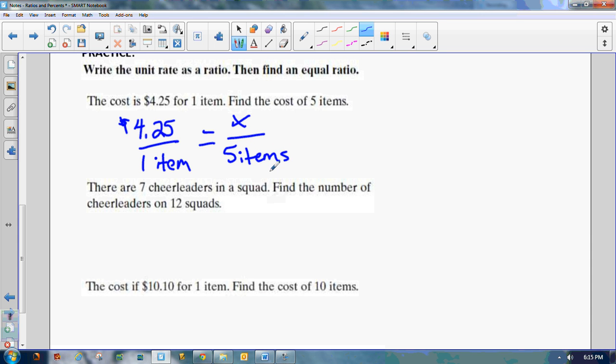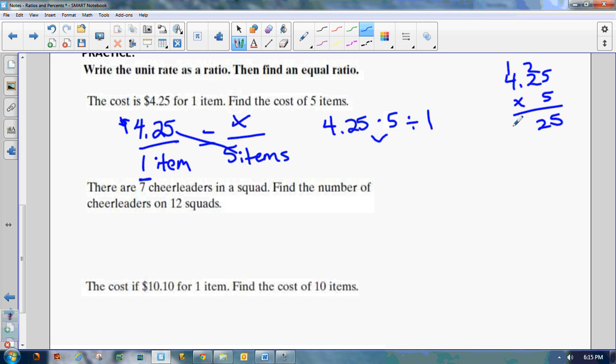So here when you're solving, we're going to cross multiply what we know, 4.25 times 5, and we're going to divide it by what's opposite our variable, divide it by 1. So 4.25 times 5, again, you can use your calculator or go off to the side. We'll go off to the side. I have 2 decimal places.